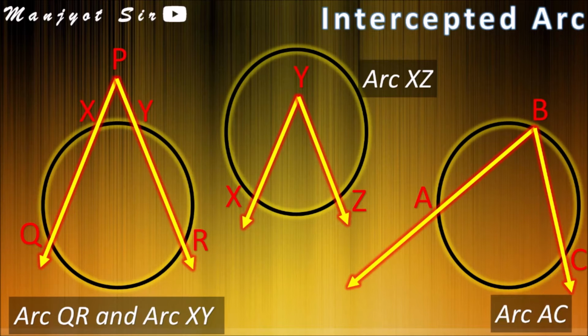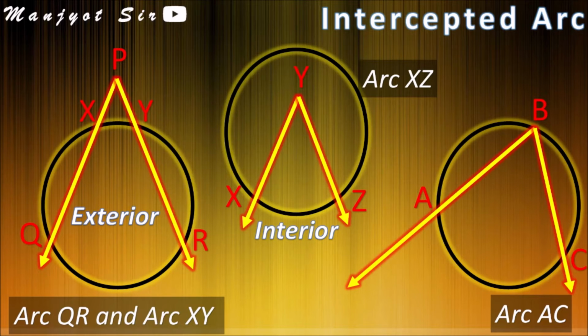Very good. Now if you observe in all these three examples, in the first example, for angle QPR, the common endpoint P was in the exterior of the circle. Whenever the endpoint is in the exterior of the circle, remember there are two intercepted arcs formed. Whenever the endpoint is in the interior of the circle, we have only one intercepted arc.